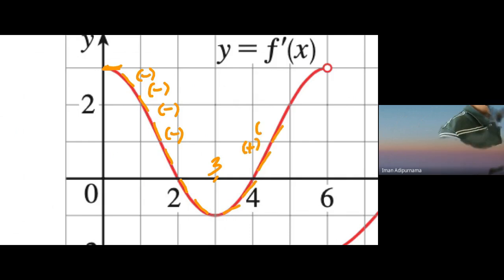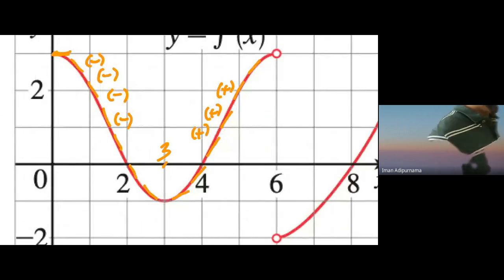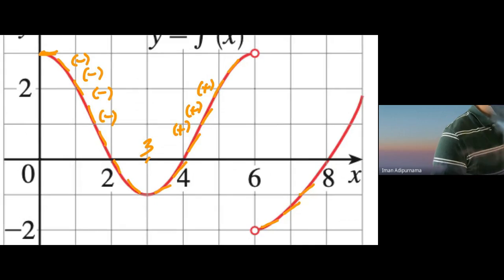So let's write this is a positive slope. And then at x equals 6 it is undefined, and then it starts another positive. So it's positive, positive, positive.